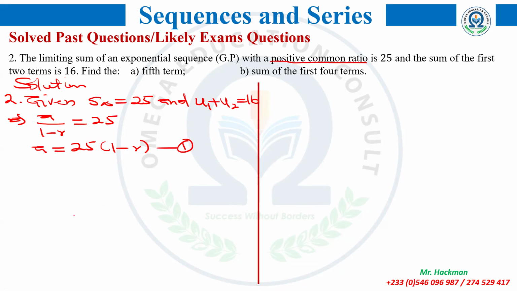Now we are going to use this one to generate our second equation. U sub 1, we all know, is A. So it will be A plus U sub 2. What will be U sub 2? AR.